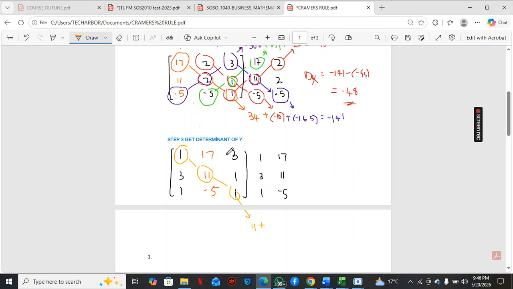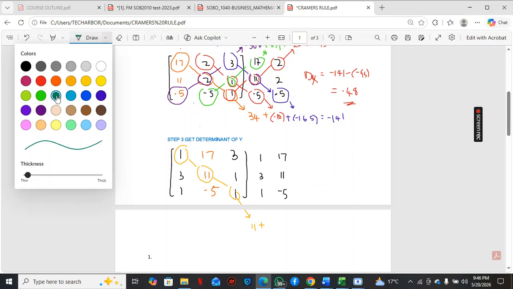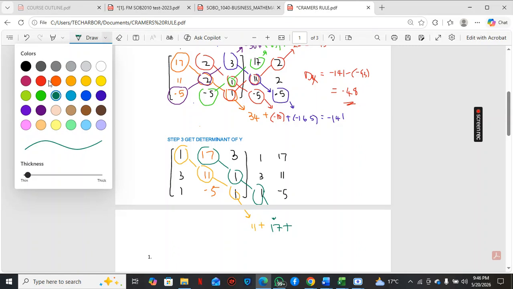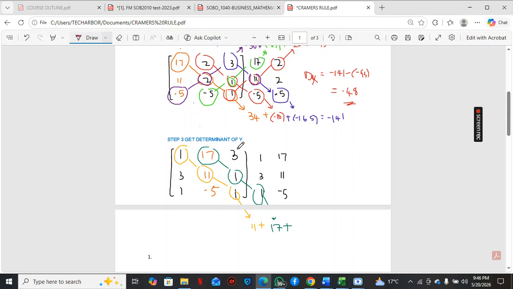Plus 17 times 1, that is 17. 17 times 1 again, that is 17. Plus 3 times 3, that is 9. 9 times negative 5, that is negative 45.